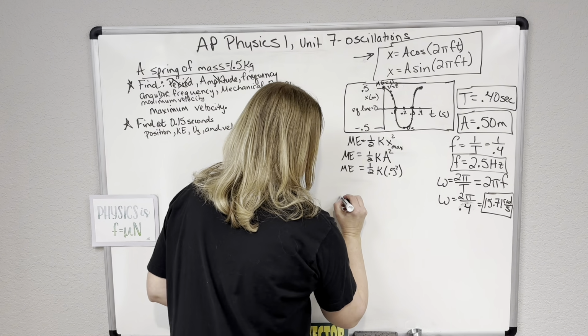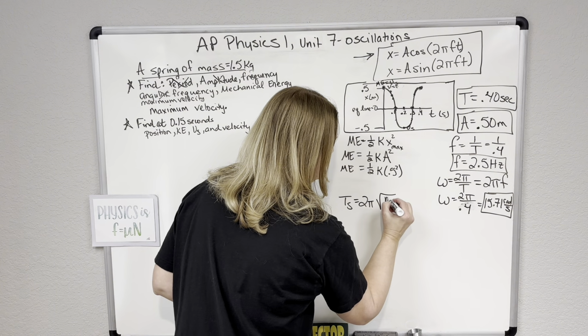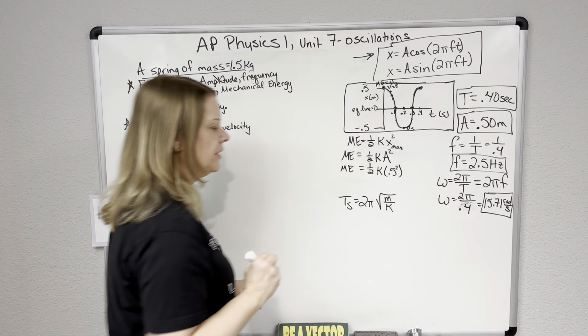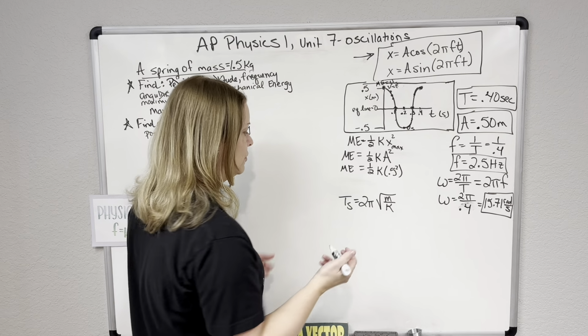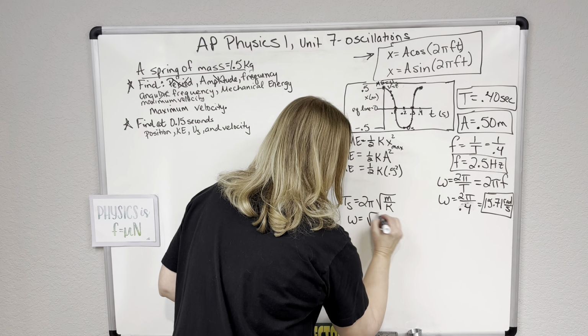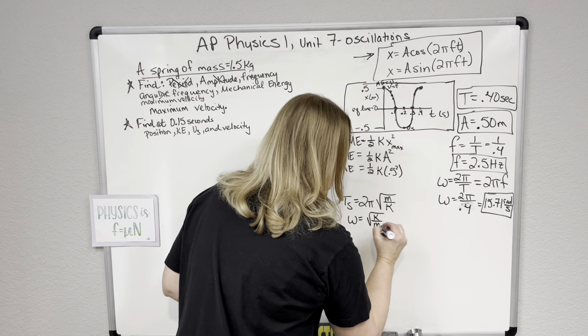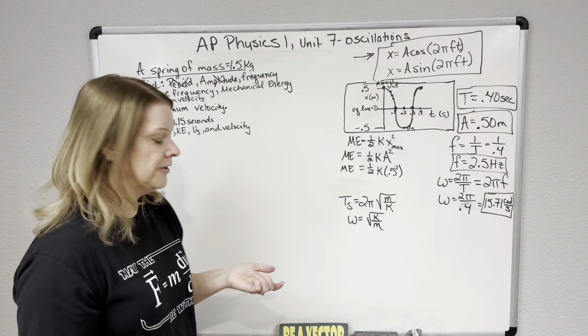So I'm going to say that my period of a spring equals 2 pi, the square root of mass over my spring constant. We also found in an earlier video, which I derived, if you want to go back and look at that, that your angular frequency equals the square root of k, the spring constant, divided by mass. You could use either one of these, you'll get the exact same answer.